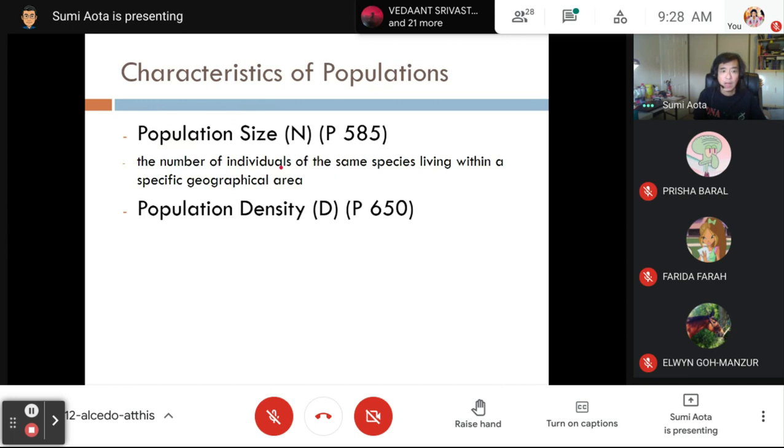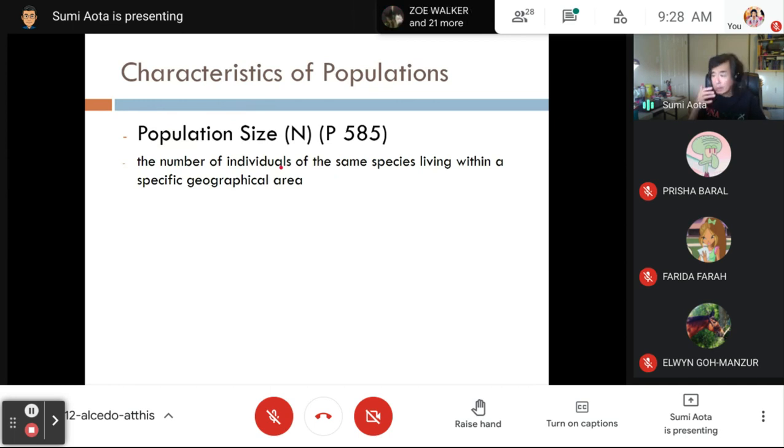And the reason is that in really large populations, it's really, really difficult to count the number of people living in a particular area. So if you wanted to know the population of Ottawa, it's a lot harder to figure out.